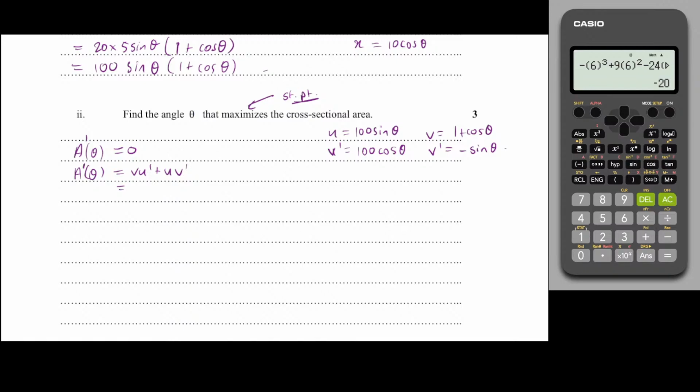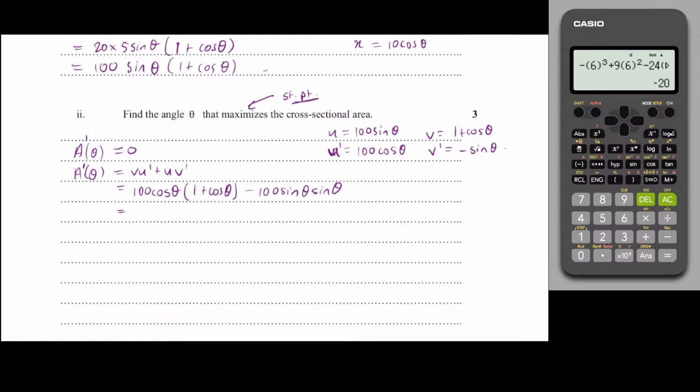So A dash is equal to that, which is V U dash. So it's going to be 100 cos theta, 1 plus cos theta, plus U V dash. So it's going to be 100 sine, and the plus is going to change to a negative, and then there's going to be another sine theta at the end.